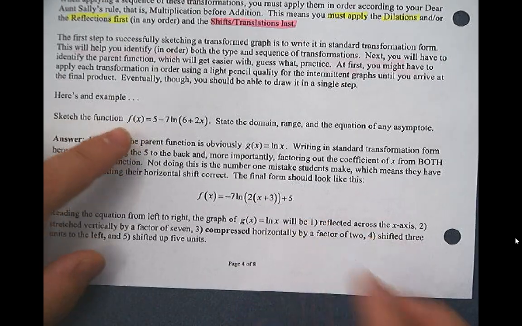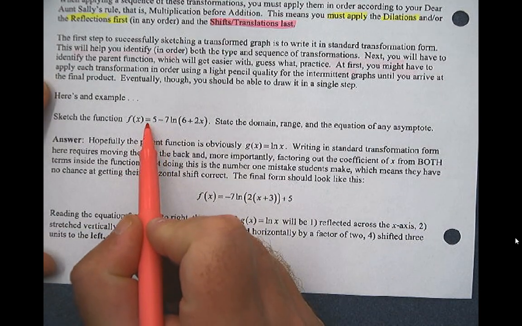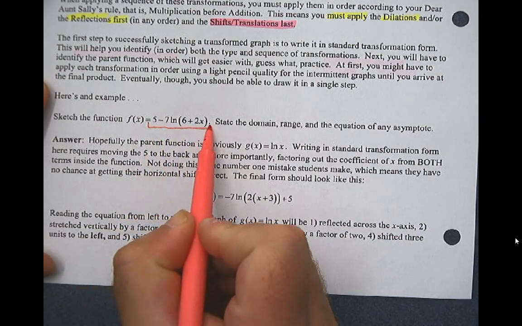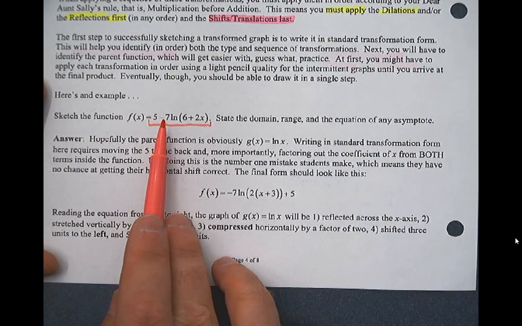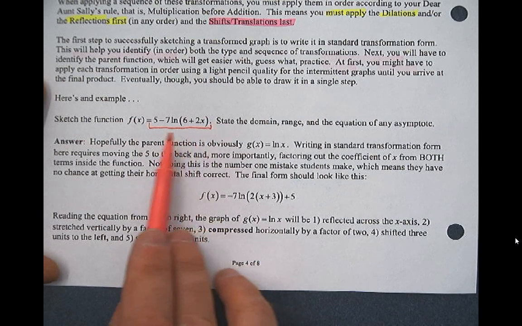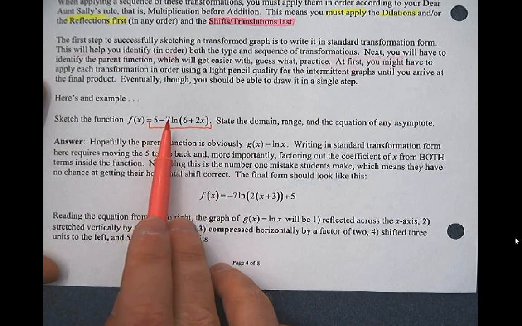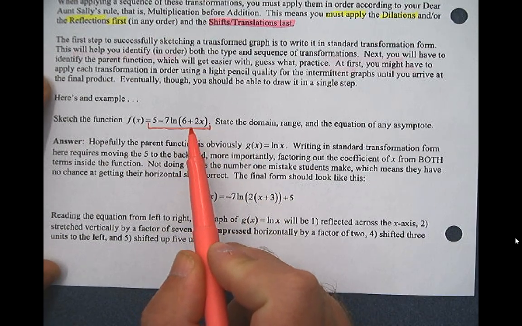Now, I guess I should point out one thing. They're kind of sneaky here. Notice what they did. They wrote it like this. You'll see that a lot in textbooks. When your leading coefficient is negative, they'll bump the number at the end up front so that this doesn't start with a negative. Why they do that, I don't know. I guess it's a little nicer, but that's where that comes from.